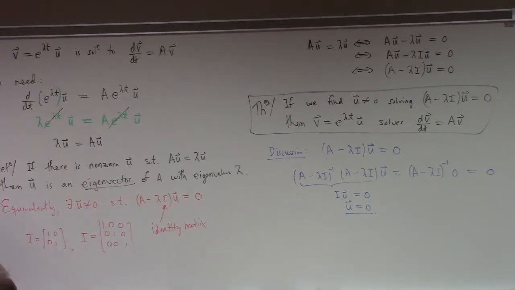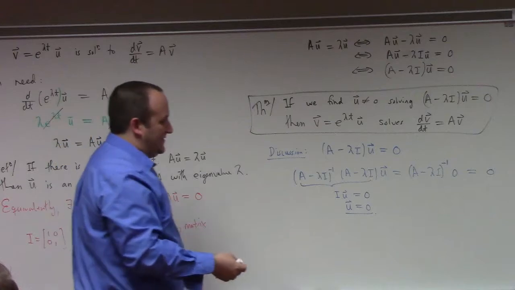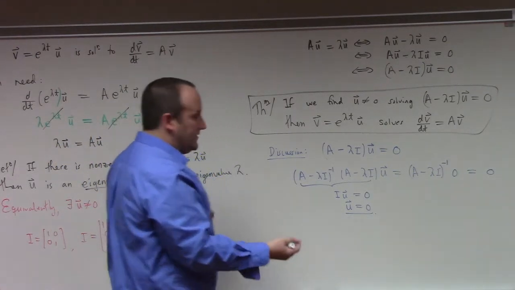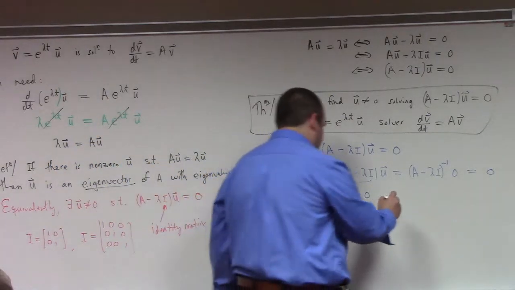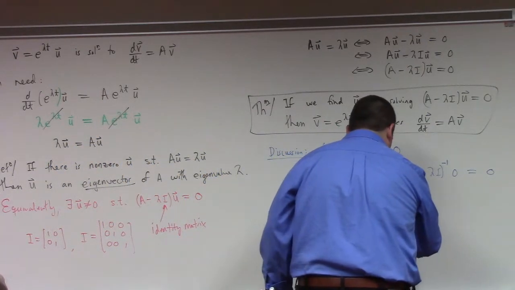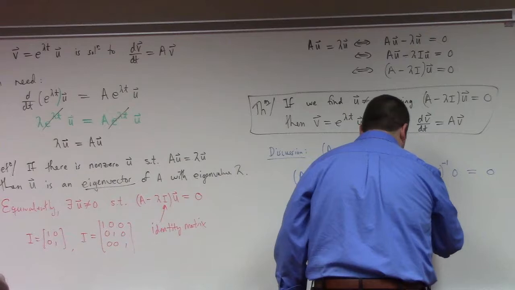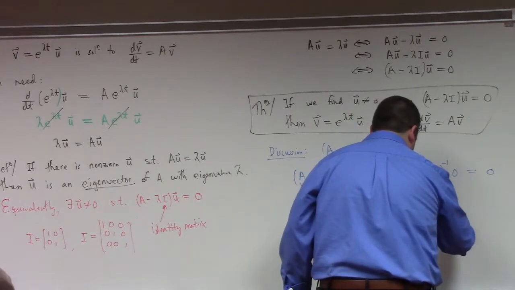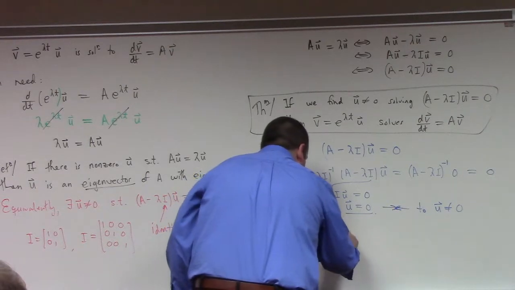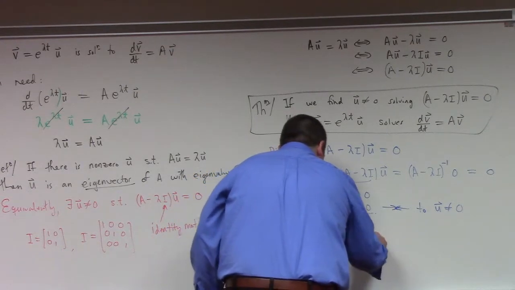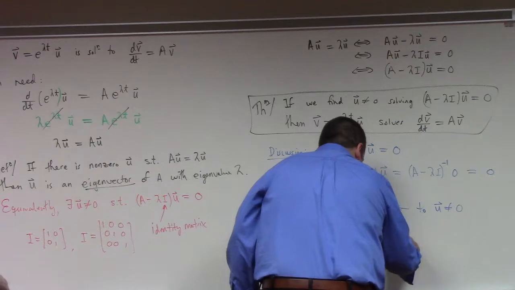Unless all your initial conditions are 0, and then that's the solution. But that's not what we want, right? So what's this say? This is a contradiction to u not equal to 0. So that tells us that A minus lambda I is not invertible.